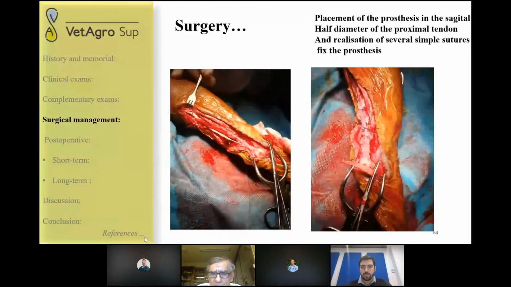I put the prosthesis at this time between the 2 parts of the tendon, because we did a sagittal section, the mid diameter deep, and we put this suture until the belly of the gastrocnemius. We did some simple sutures to fix the prosthesis and verify the length. The leg was always in physiological position.